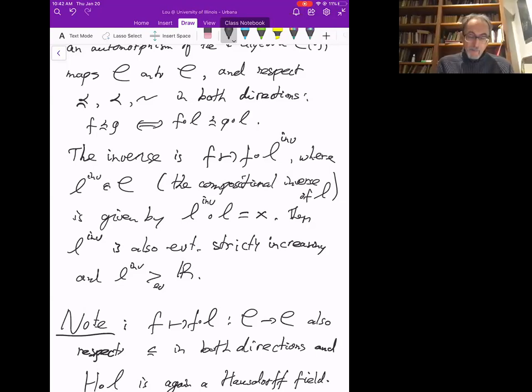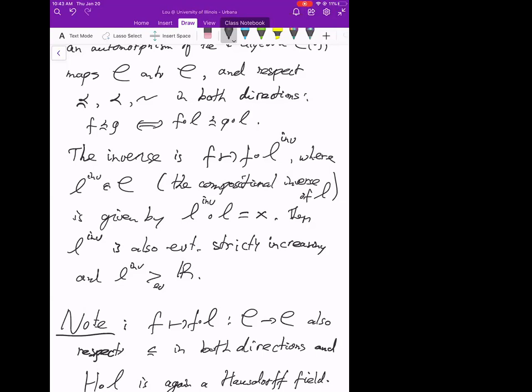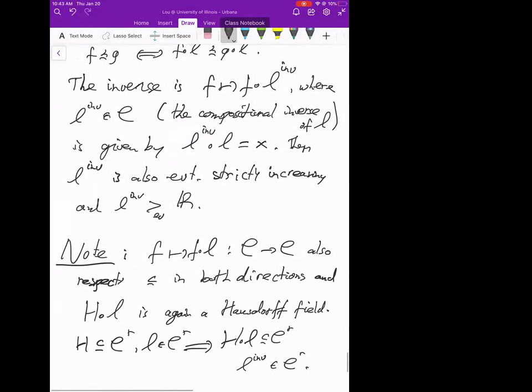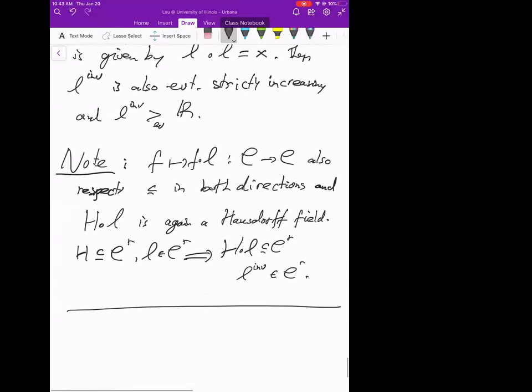Maybe you can even show that it is always a different one, well, not if L is the germ of the identity. I haven't really thought about it, except what I just said: if you compose a maximal Hausdorff field with little L, it will be maximal again for obvious reasons, but a very different one in general.